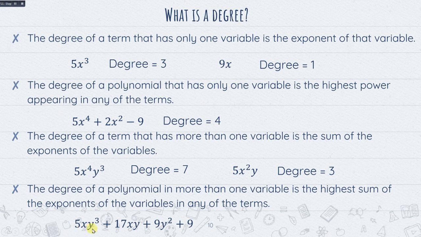If we get the sum of the exponents, it is 4. The second term, we have xy. If you get the sum, that is 2. And for the third term, we have 2, and the 9 is 0. So to compare all of the exponents, the highest would be from the first term, which is 5xy cubed. So the degree would be 4, because 1 plus 3.